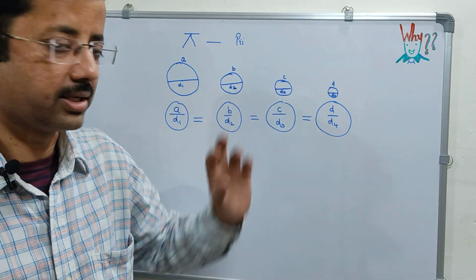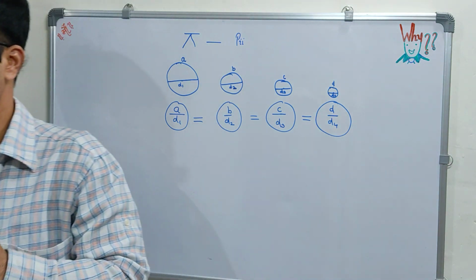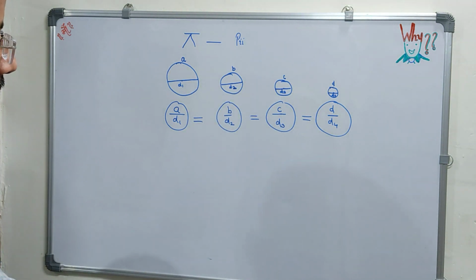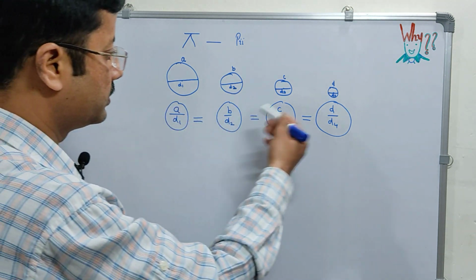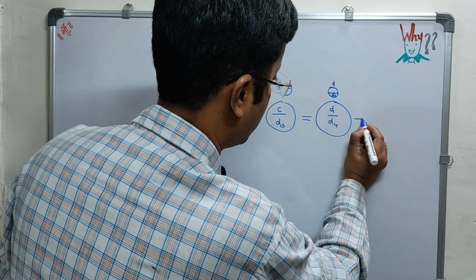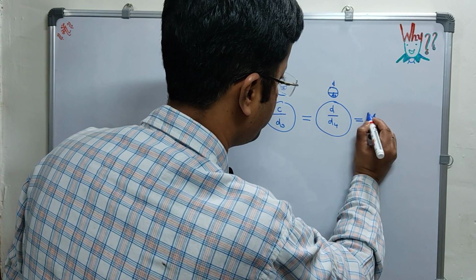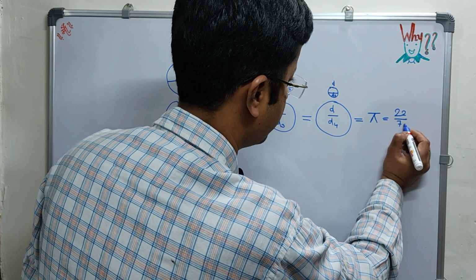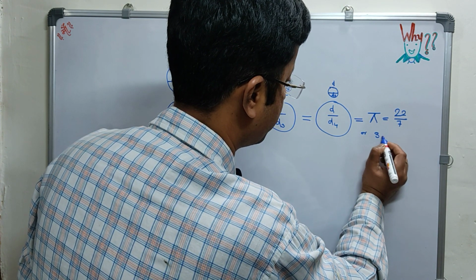This is the smallest circle, so the ratio and the answer would be smaller, before knowing the fact. But what we saw is that all the ratios are constant, and what is more surprising is that this constant is equal to pi. The value came out to be 22 upon 7 or 3.14.